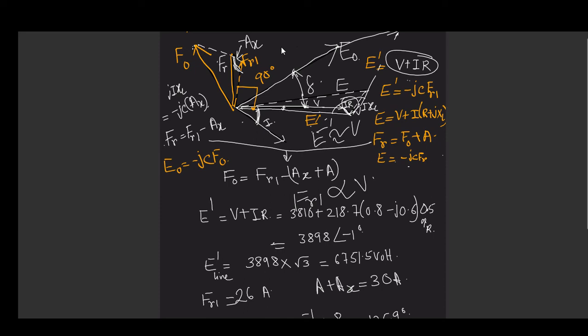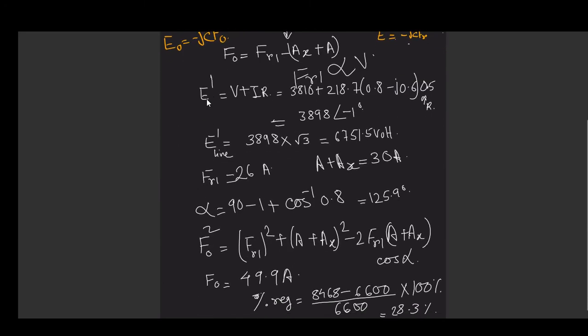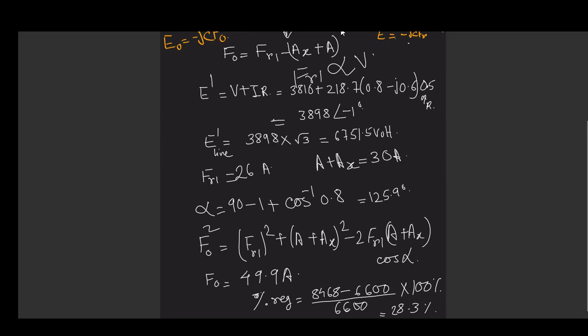Therefore the angle between E naught and E dash is equal to the angle between FR1 and F naught. Now you already know the three sides of this triangle. FR1 is 26, this one is 30.